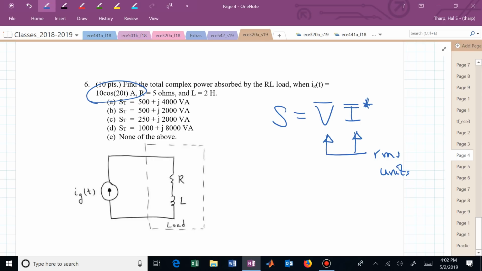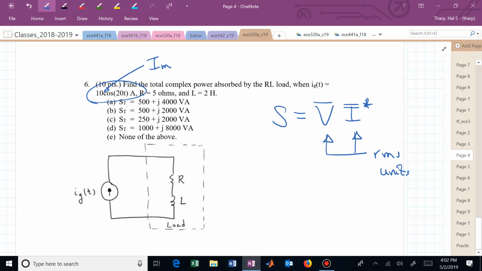Is I sub G of t, 10 cosine of 20t, using RMS units? No, that 10 is an I max value, isn't it? So this is a maximum value for I.